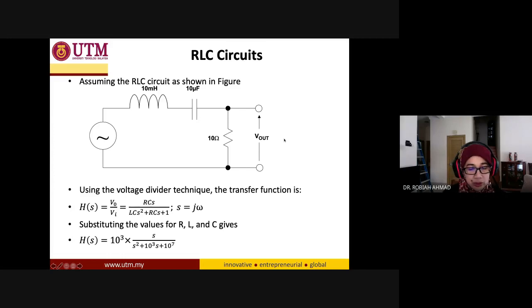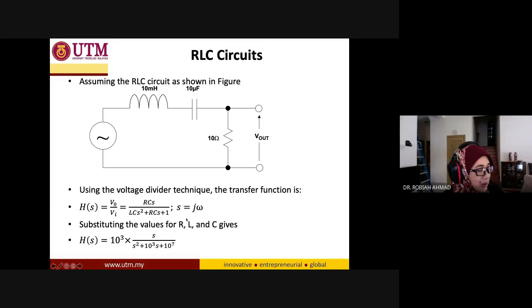Using the voltage divider technique, just like we did yesterday, we can get the output over input, which in this case, if we use the Laplace transform, we have this. For this particular circuit, the output taken from the resistor will be RCs over LCs square plus something.